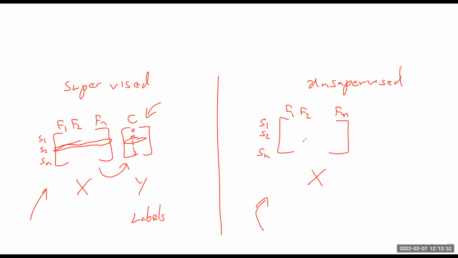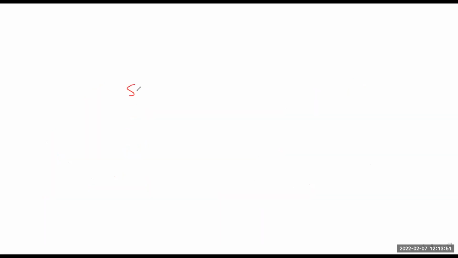You only have the samples and the features, and then you're going to learn something about this data, right? Now, usually in unsupervised, then we'll have something like a clustering method. Right, where basically what we do is, if you think this is a vector space, right? So if I go over here and I do S1, S2, S3, all the way to Sn, but I'm going to keep it simple by just having three features, right?